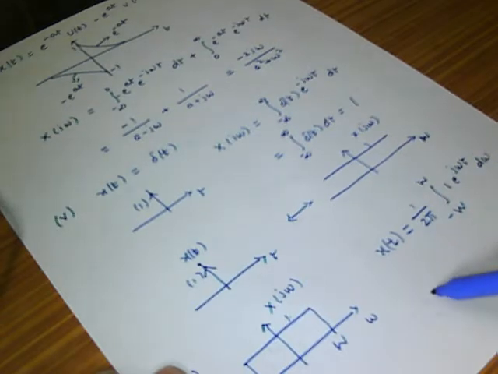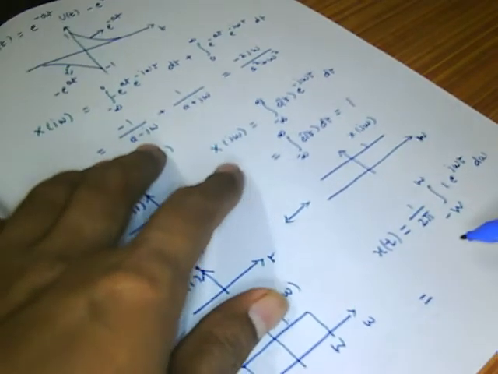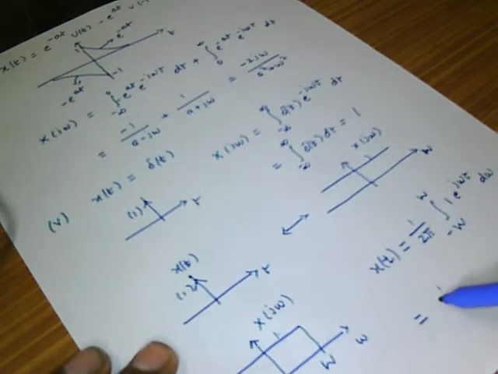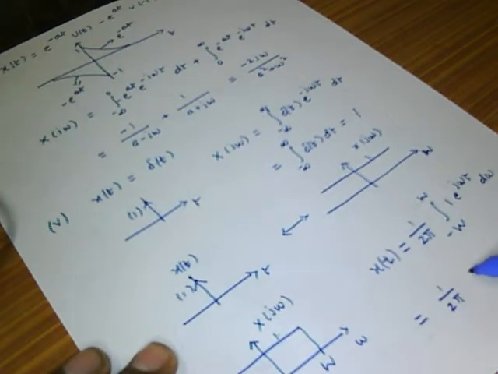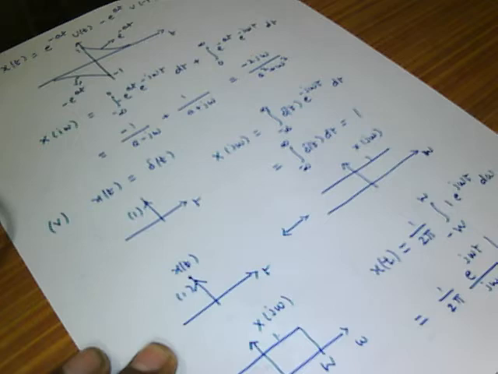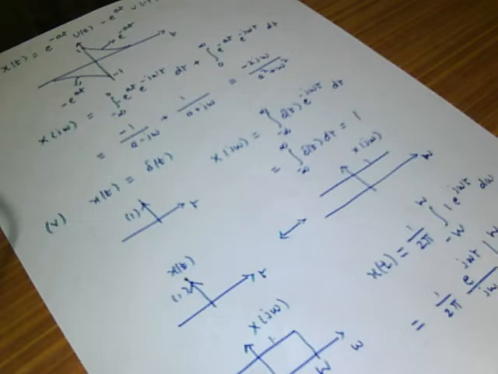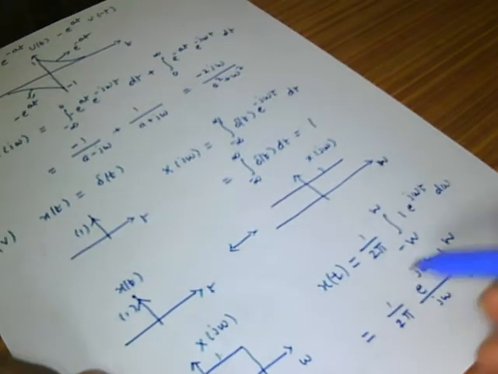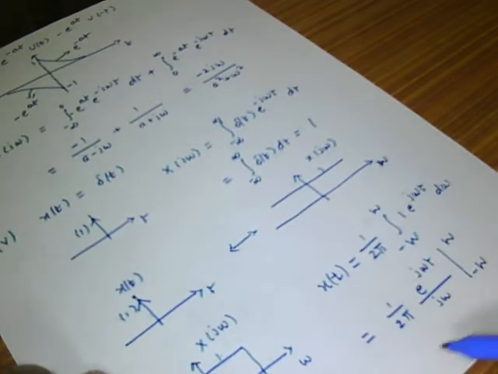So this will be equal to 1 by 2 pi into e power j omega t by j omega, integral limits from minus w to plus w. So this gets easily simplified to sin wt by pi t.